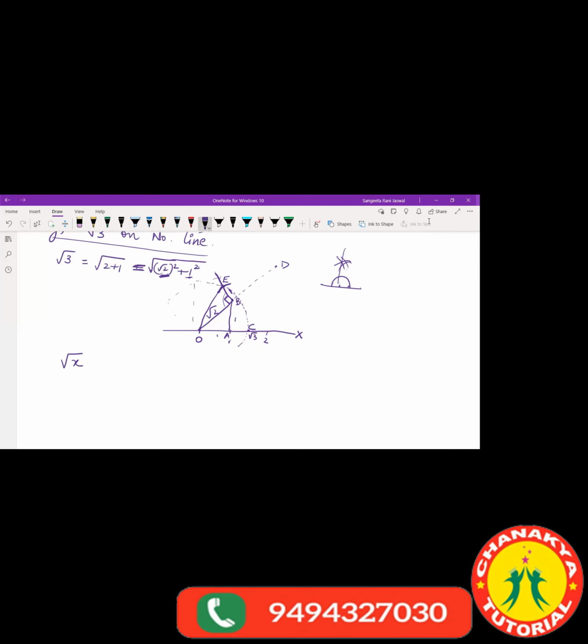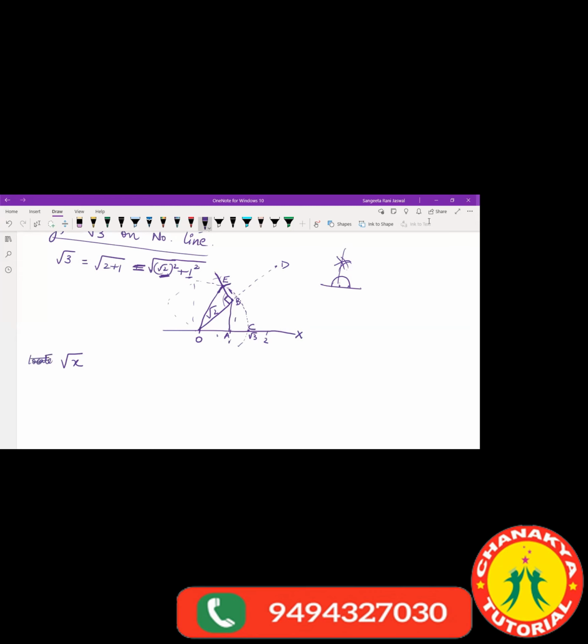How many will you make? Finally it's going to end up like this. So what is the general method, if you are given any number, to locate its position on the number line? How will you do that? Okay, so we'll work on it.